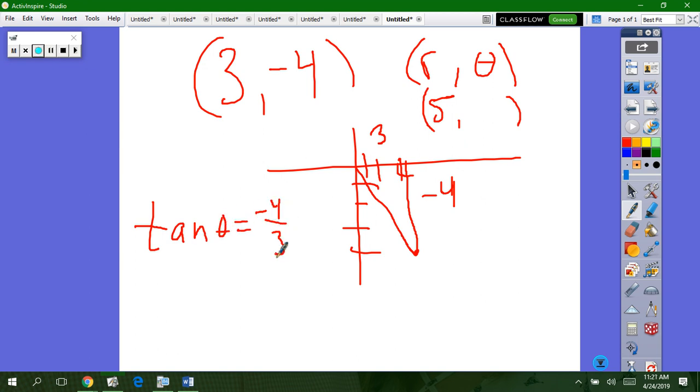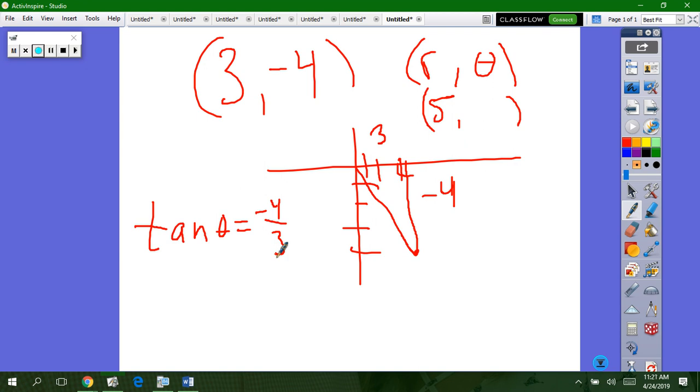So this is where using your graphing calculator comes into play, just taking the arctangent. They might ask you to do it a different way, but this is basically saying where does arctangent or theta equal -4/3. So everybody's going to need their calculator out, so you might as well get it out today. We are almost 100% calculator today.